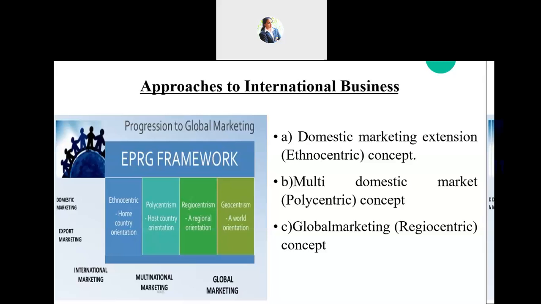Okay. Now, moving forward, the last one is geocentric orientation.